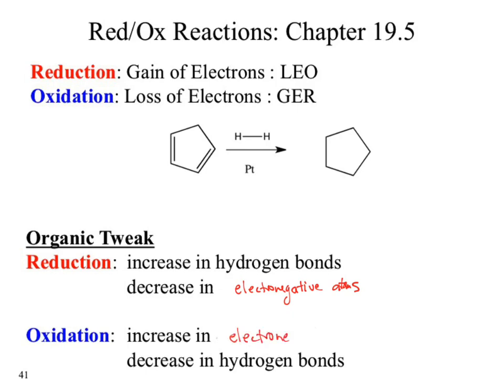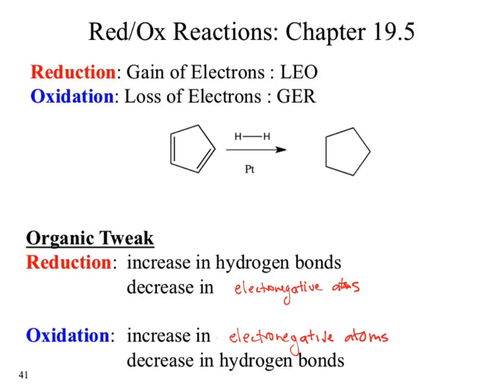Can we apply this new definition to the one shown above? What new atom has a different electronegativity? What are you saying, Joey? SP2 versus SP3 carbon. Carbon to carbon, there's no difference in electronegativity, except the carbon in my starting material is sp2.